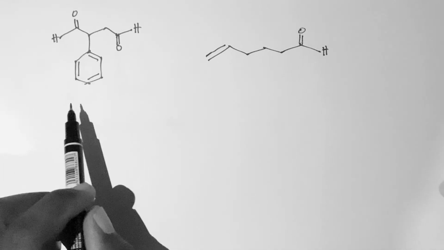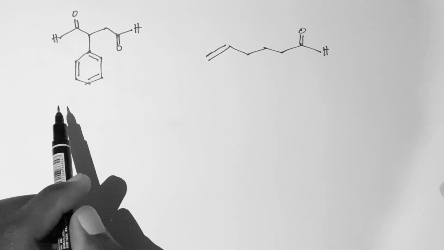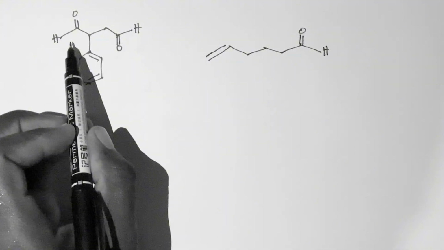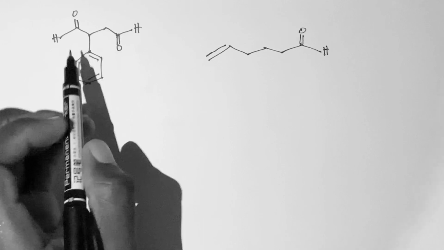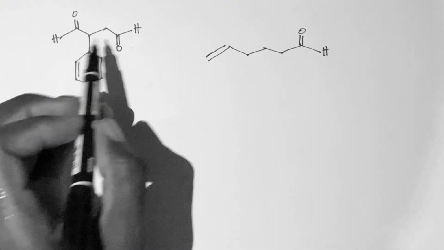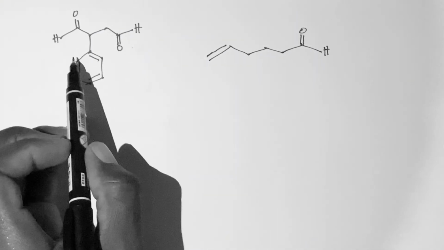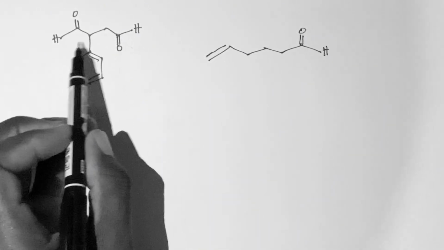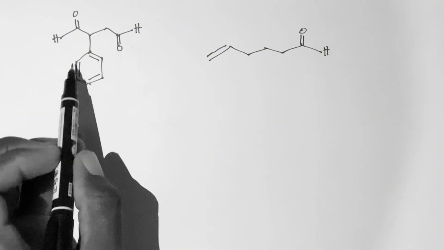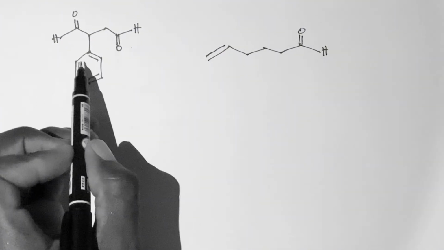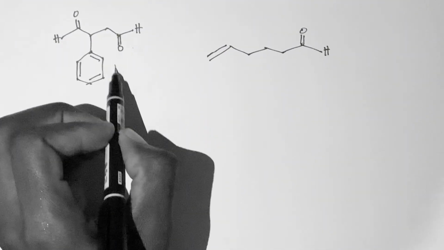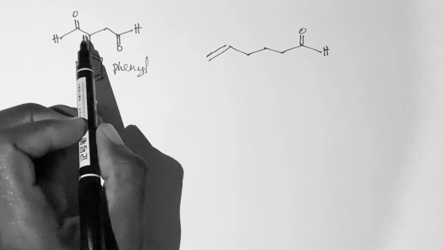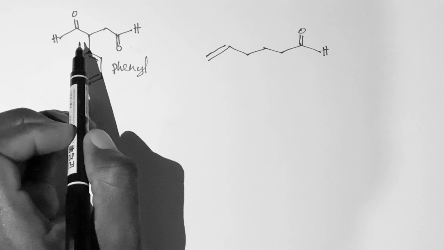So let's consider these two molecules and name them. Now, if we check this, let's determine the parent chain. So you see that there are 4 carbons. However, you can see that there is a benzene group, but this benzene group is not part of the parent chain. So it is a substituent. Anytime benzene is a substituent, it is referred to as a phenyl. So let's number the parent chain.